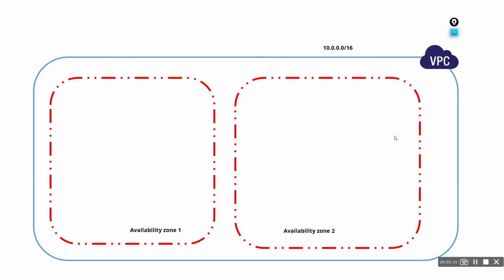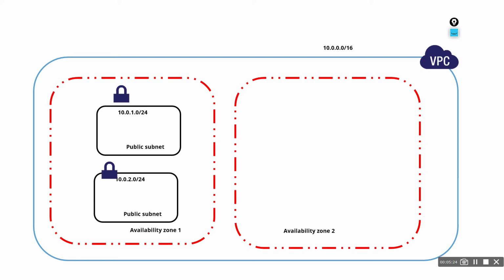Now you have two availability zones, and we will be creating our subnets inside each of these availability zones. Let us say I'm creating my public subnet in the first availability zone, and I'm creating it in the range of 10.0.1.0/24. This falls within this range of IP address. Similarly, I'm creating another subnet, and I'm assigning the IP address of 10.0.2.0/24. So these two IP addresses fall within the range assigned to the VPC.